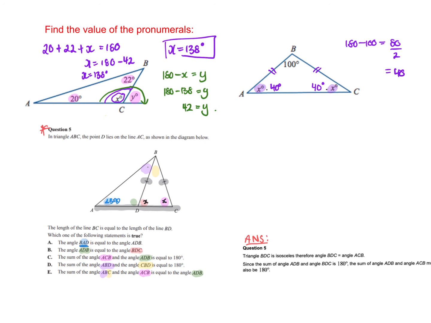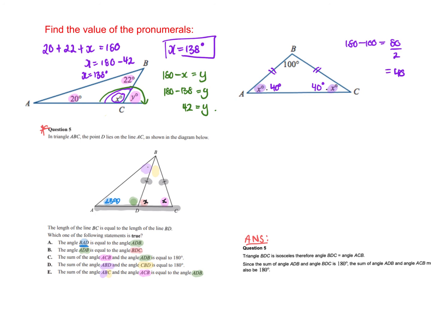Okay, so I've highlighted them in colors. So the BAD is the blue, and it said it is equal to the ADB, which was the green one. Now those two are not equal. But you can already see it as well if you look at the diagram. So we're going to say no, that's not true.